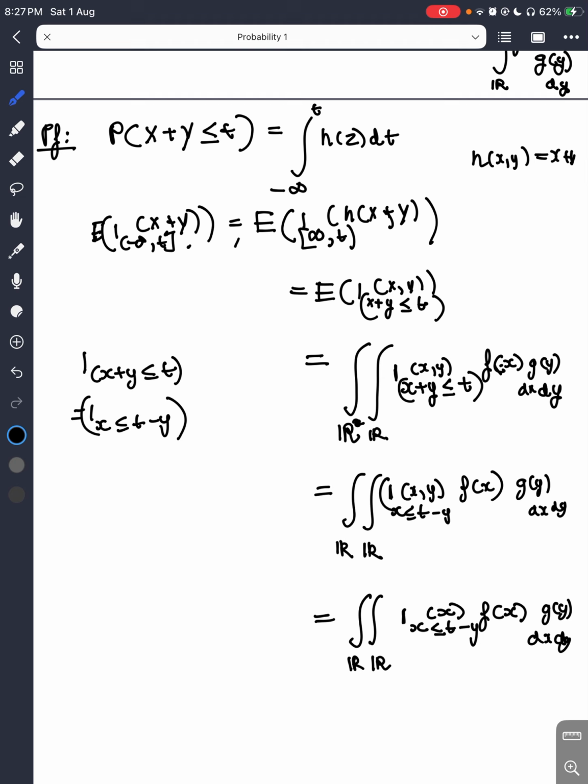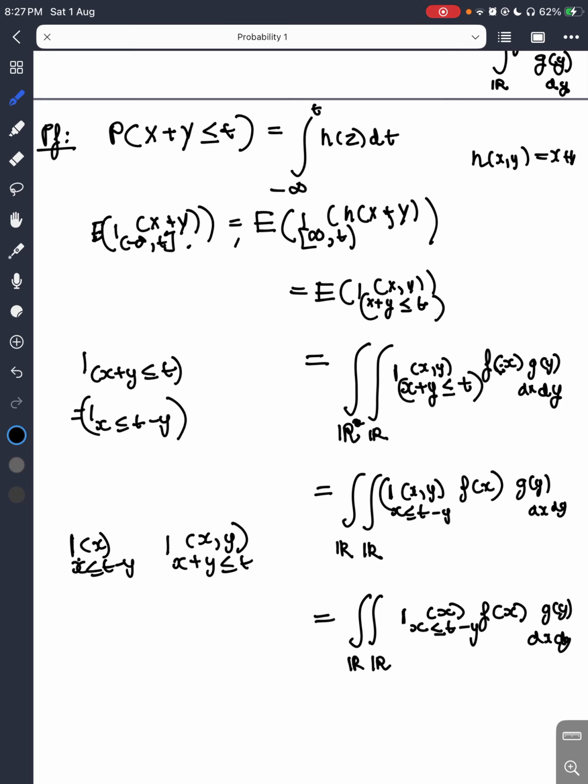There is some problem here. For a fixed y, the indicator of x plus y less than or equal to t of x comma y is the same as the indicator of x less than or equal to t minus y.